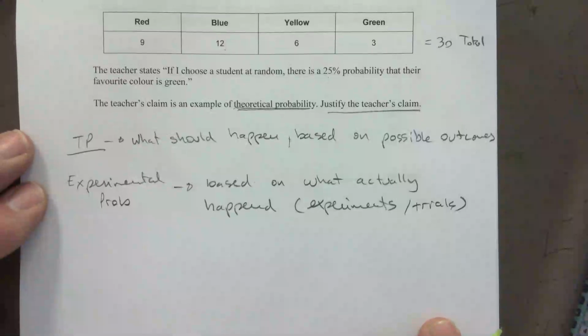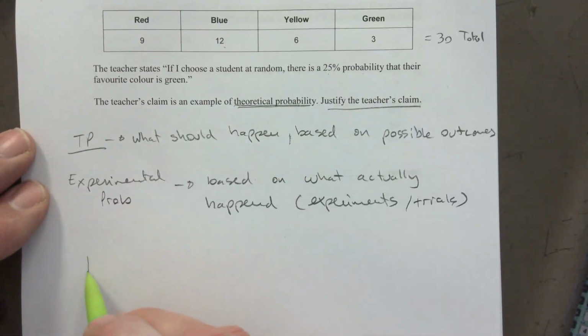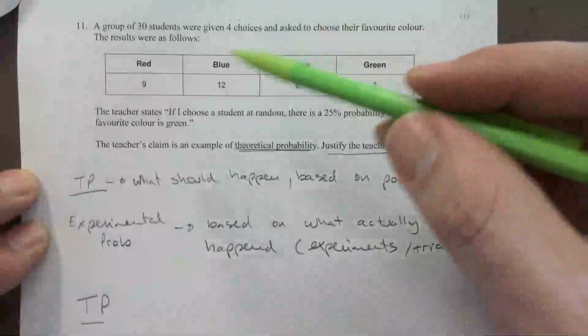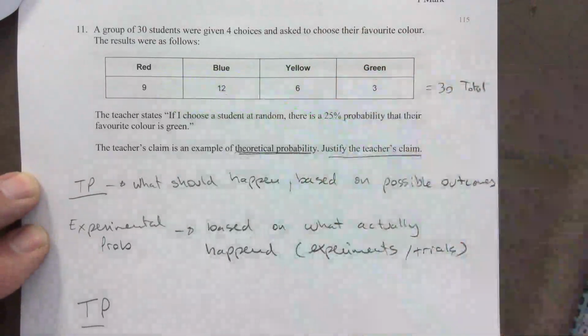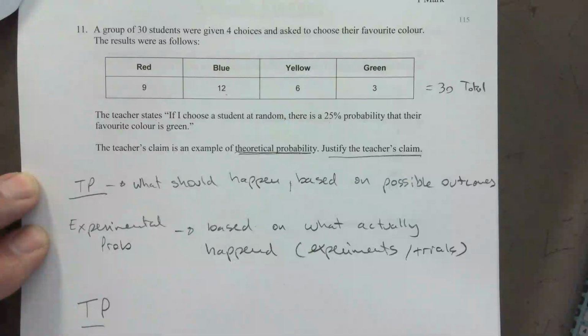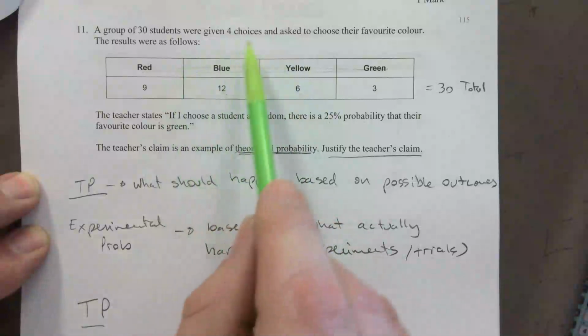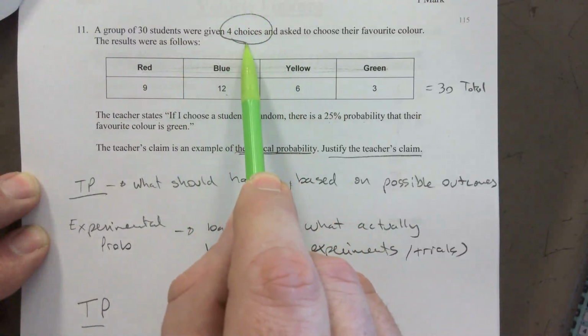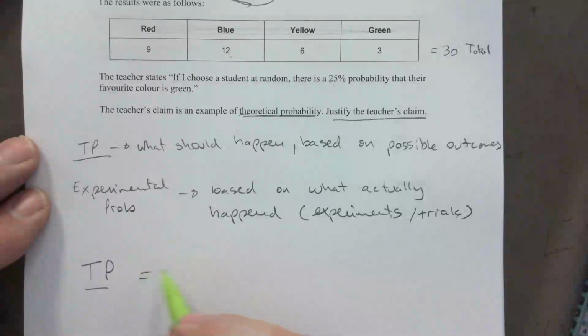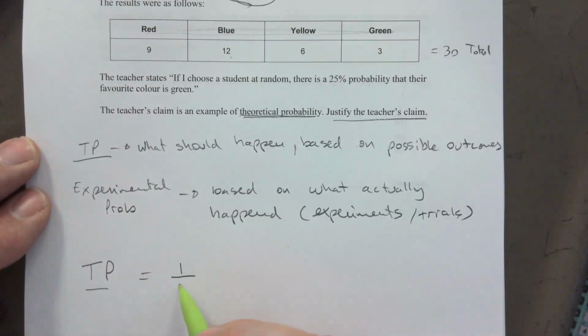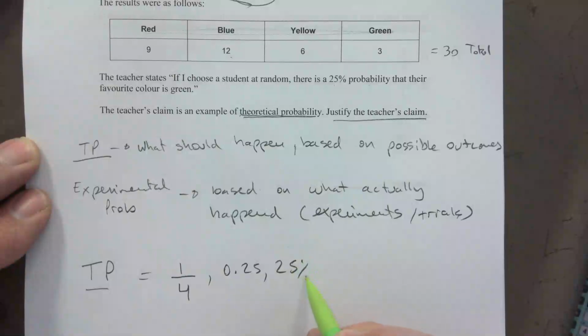So let's see here. In theory, what's the theoretical probability of someone choosing red when it comes to this scenario? How many possibilities are there? How many colors? There are 4 choices. So in theory, it would be 1 out of 4 colors. And that is 0.25. That's 25%.